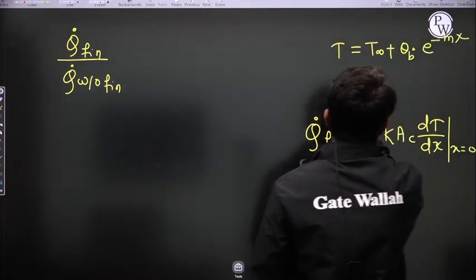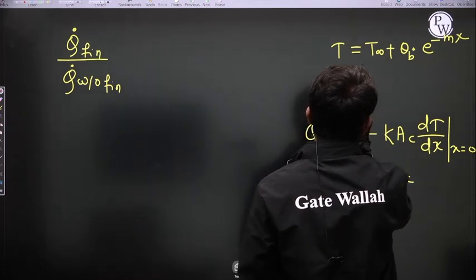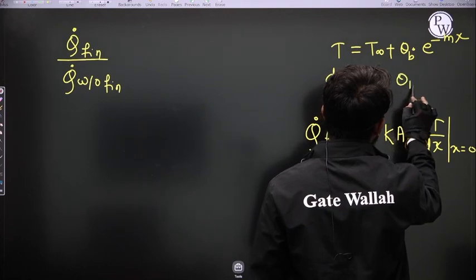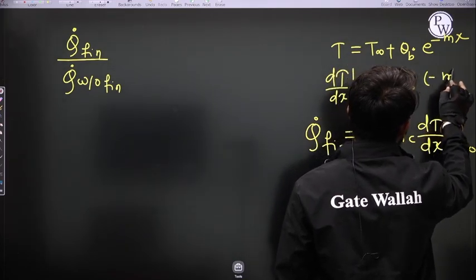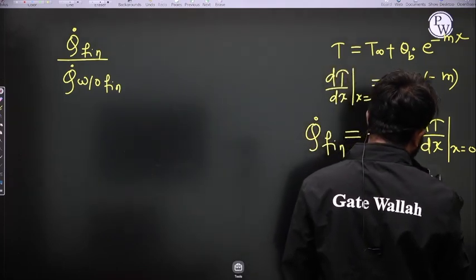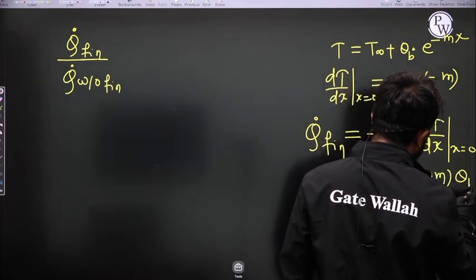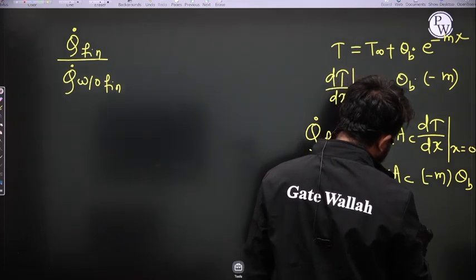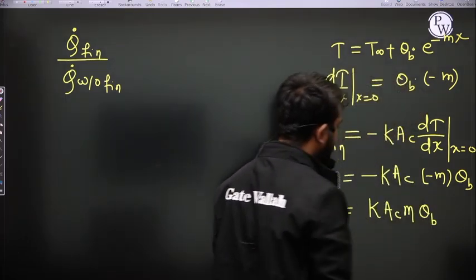So what is dT by dx at x equal to 0? This is minus m theta b. So now putting it here, I can say this is k Ac m theta b.